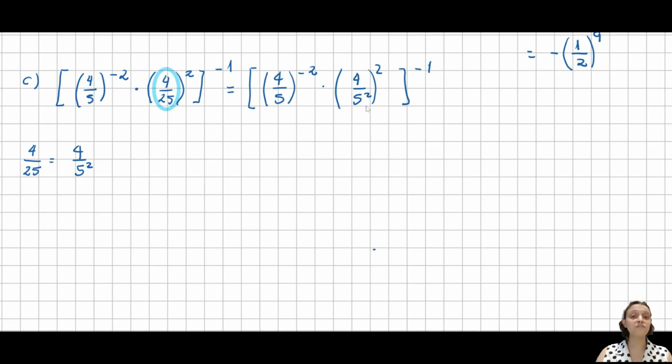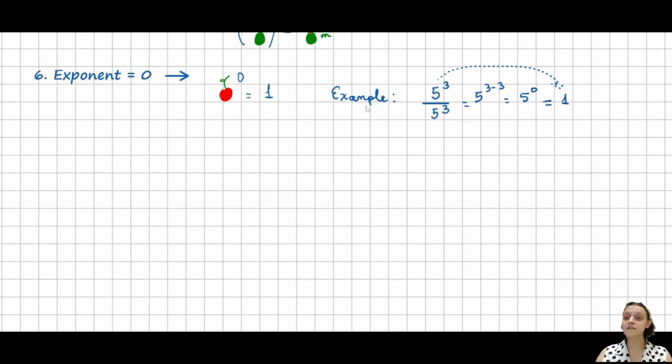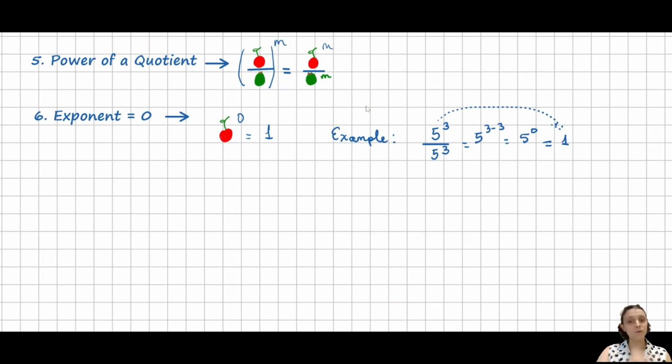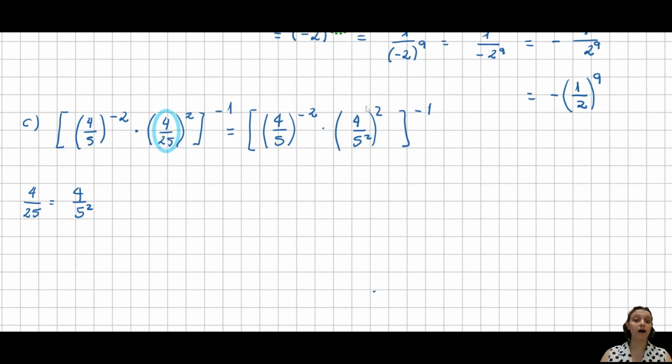We have a 4 and a 5. So in this case, we have the power of a quotient. We have a quotient of two different numbers and a common exponent. So we're going to take each of the elements of the fraction to the power of m, okay? In this case, to the power of 2, which is right here. So let's do that right now.